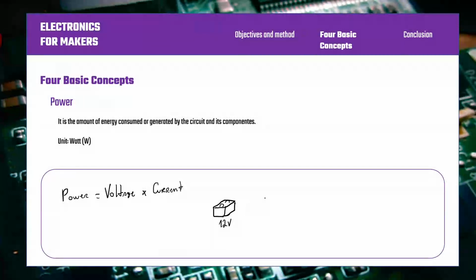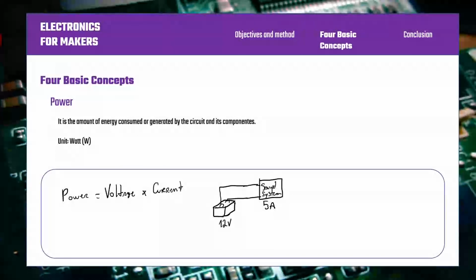A 12-volt car battery, and it's going to power some sound system, and this sound system will use 5 amperes, or amps, of current.